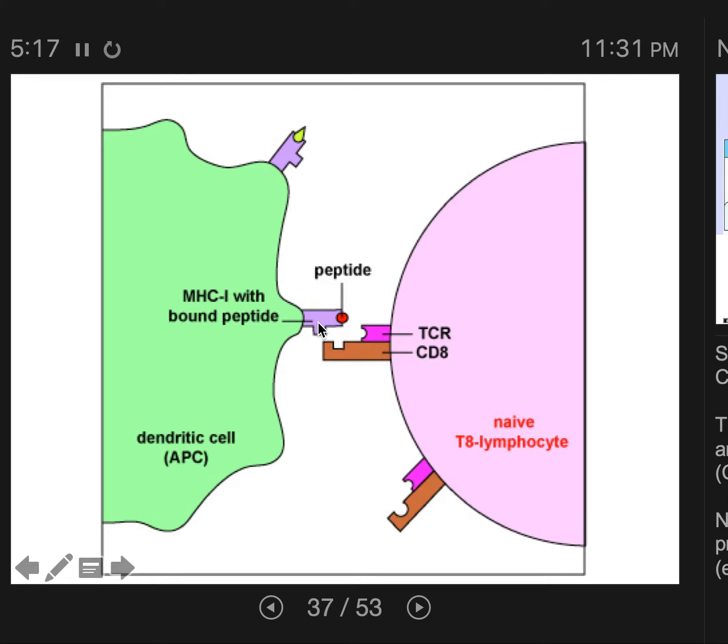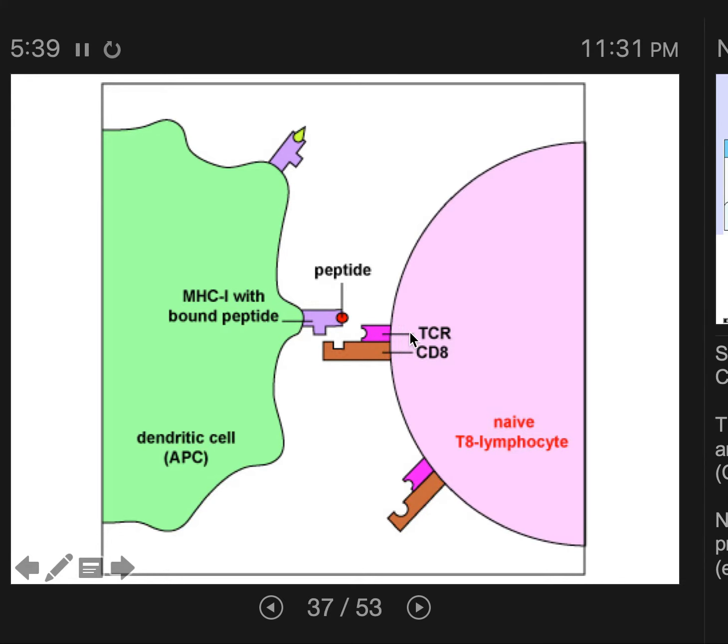So what it's doing is it has the MHC class 1s on its surface, and it's presenting this little peptide here. That's the antigen. This is a little piece of molecule from one of the microbes that's infecting the inside of it. Now you'll notice on this in pink, this is the cytotoxic lymphocyte. And it has these two receptors here.